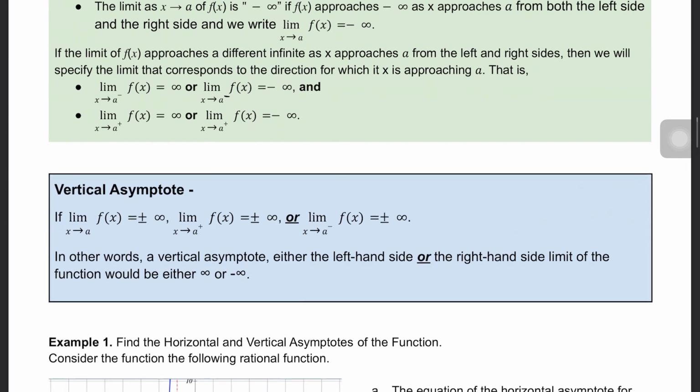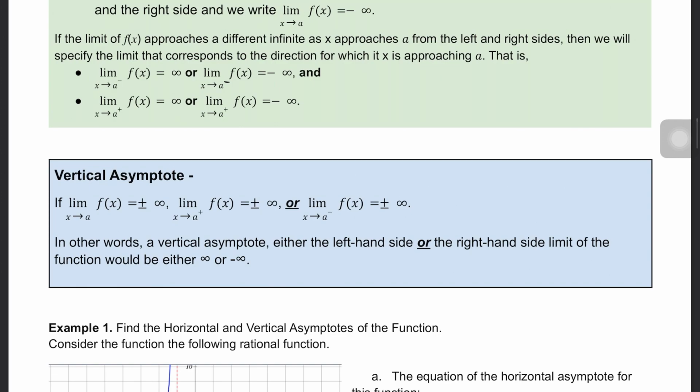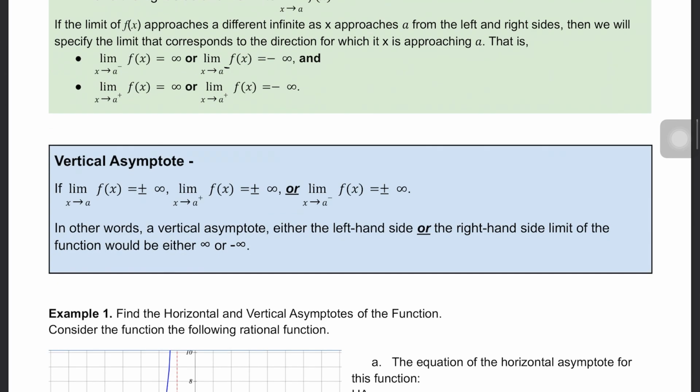The vertical asymptote will be defined as the limit of f of x approaching positive or negative infinity as x approaches a. Or the limit of f of x approaches positive or negative infinity as x approaches a from the right side, or as x approaches a from the left side.